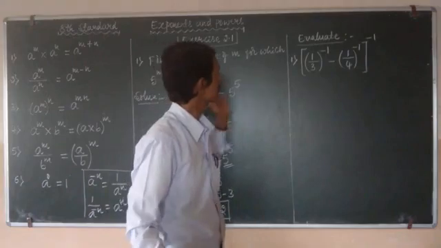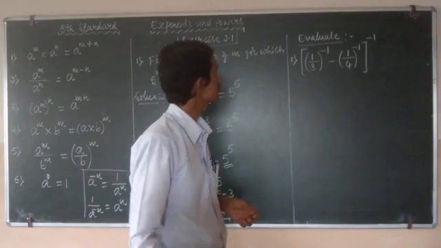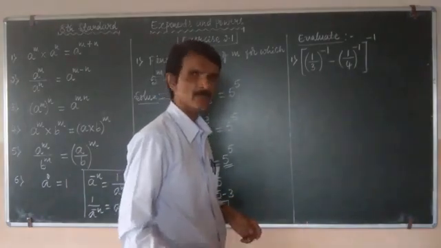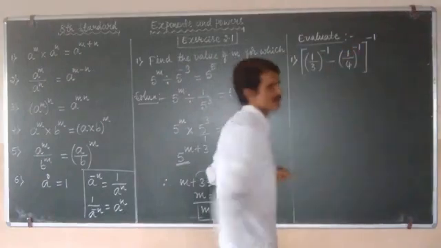So observe the problem. 1 by 3 whole to the power of minus 1 minus 1 by 4 to the power of minus 1 whole to the power of minus 1.